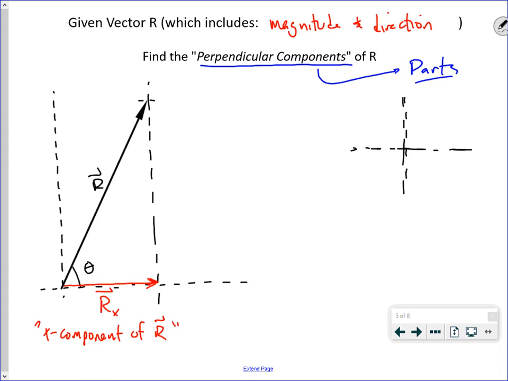Well, it goes up that high. So I would draw a vector like this and call that Ry, which we would call the y component of vector R.